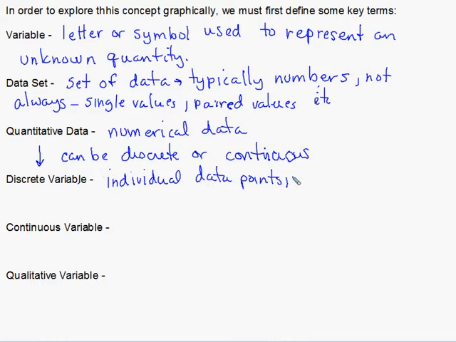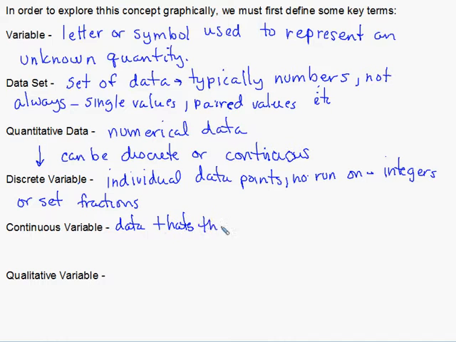Where we have no run-on, no data point runs into another data point. Usually we talk about this as being integers or set fractions. Not that I can have any kind of fraction, but I can only have halves, or I can only have thirds. So I could have 1, 1 and a third, 1 and 2/3, 2, something like that. Continuous variables are data points that can run into each other. So it's data that sort of bleeds into each other.